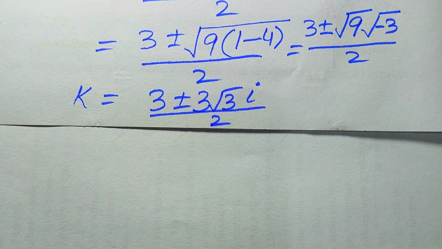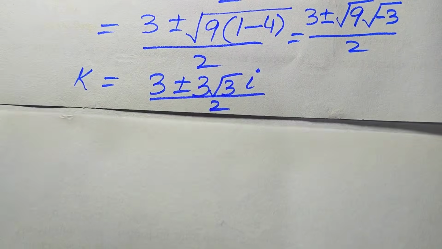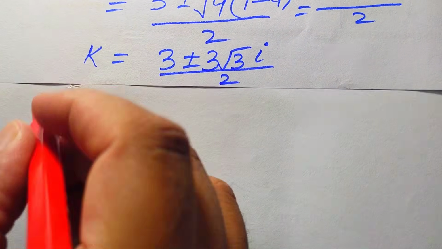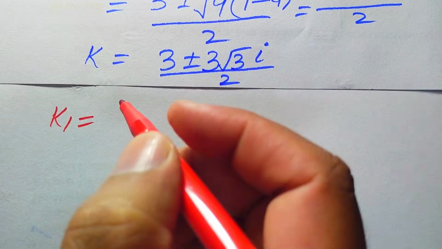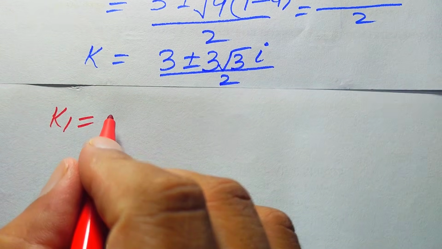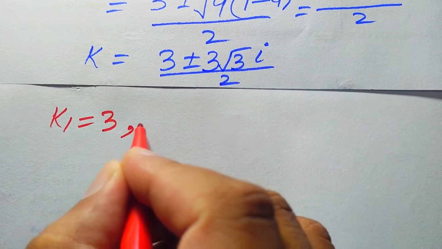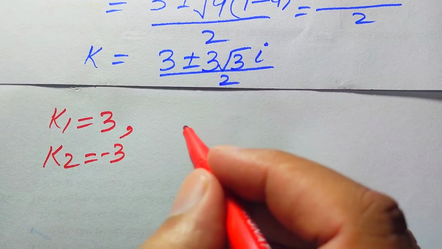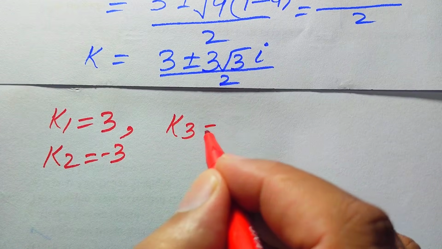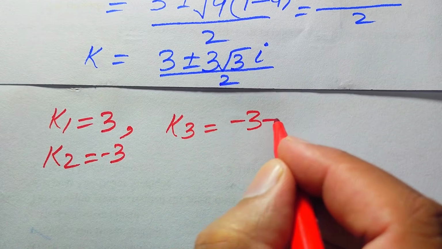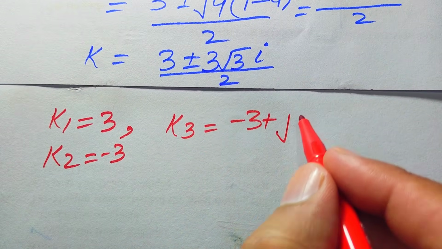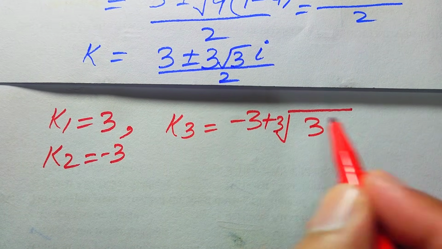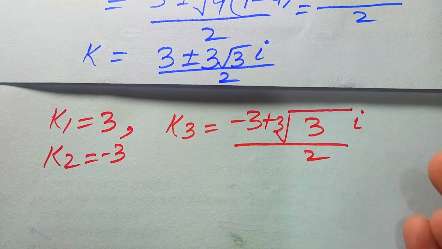So here we get that there are 6 roots of the given equation, and these 6 roots are, the real roots are k1 equals 3 and k2 equals minus 3. These are the two real roots, and k3 equals minus 3 plus 3 times square root of 3 iota divided by 2.